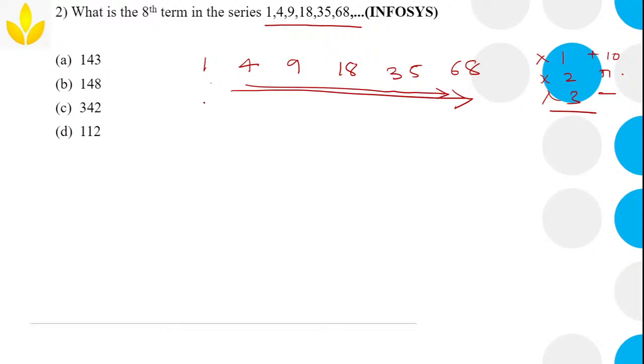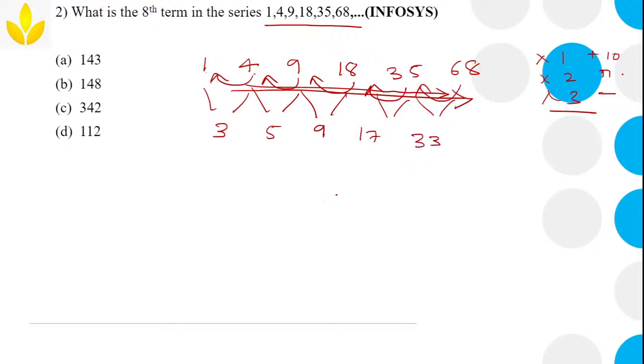Still, if you don't get an answer, check for the second series of it. How to find a second series? Simple, take the difference. 4 minus 1 is 3, correct? 9 minus 4 is 5. 18 minus 9 is 9. 35 minus 18 is 17. 68 minus 35 is 33.